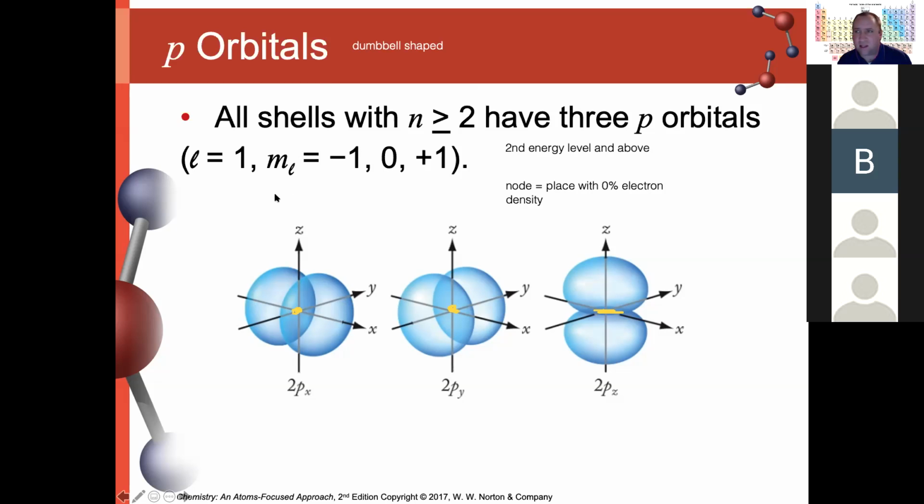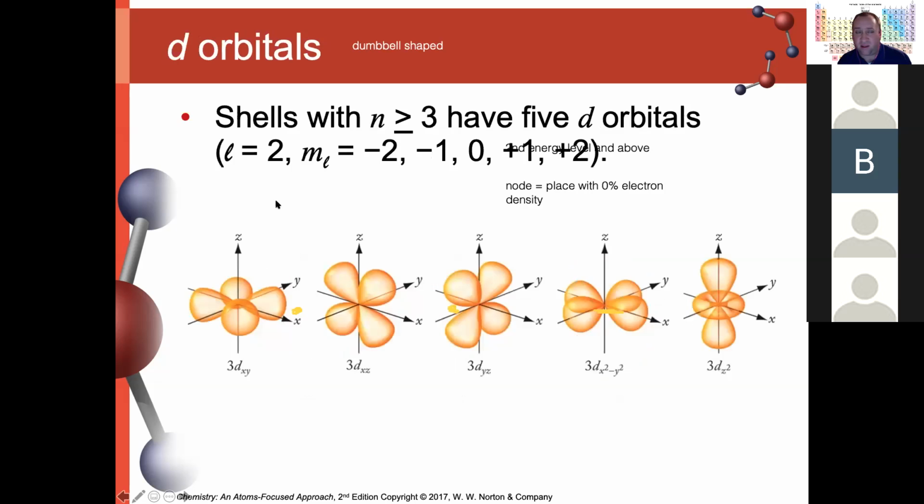Okay, the last type of orbital that we'll talk about in depth are the d orbitals. Now the d orbitals, you'll see it's a little bit easier to see here. There are actually two nodes on these. I'll show them to you here.